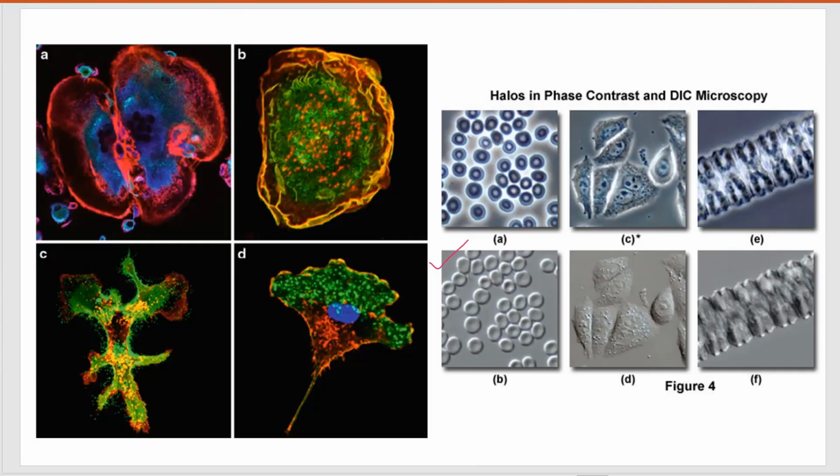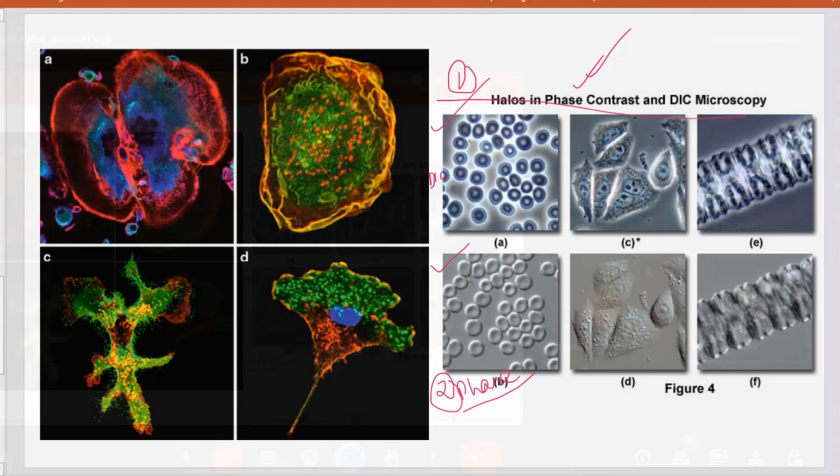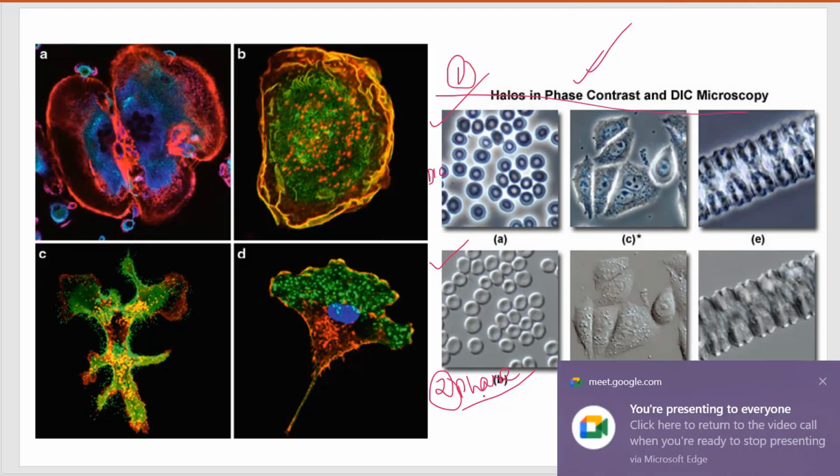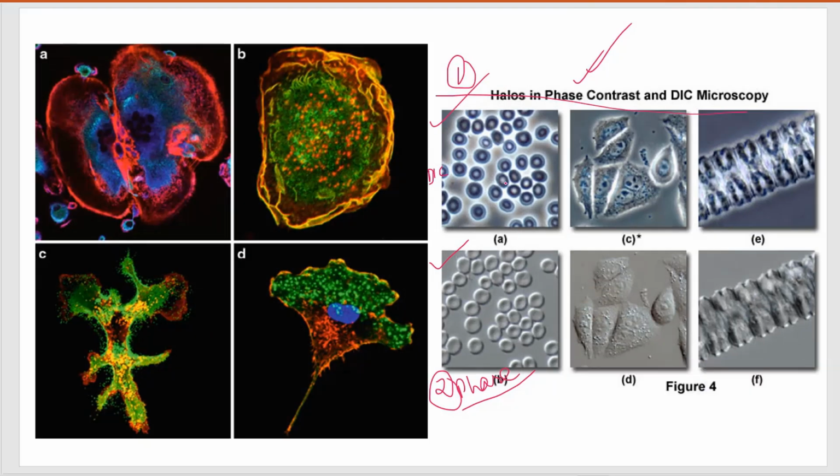The type of images is given in the first panel. These are the same sample: one is taken in phase contrast and one in DIC, or differential interference contrast microscopy. So the answer is, in DIC you can see a 3D image, while phase contrast only gives a phase contrast image.